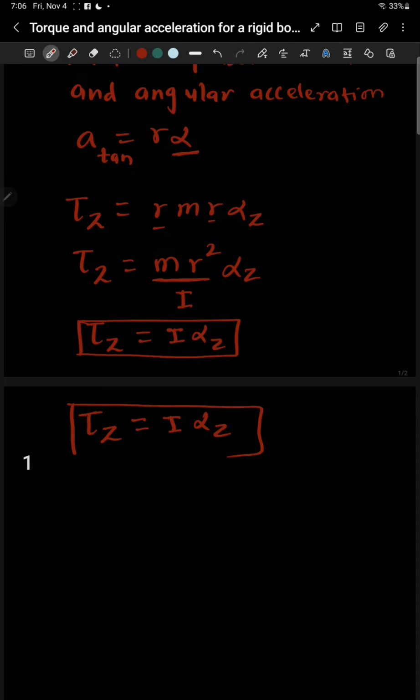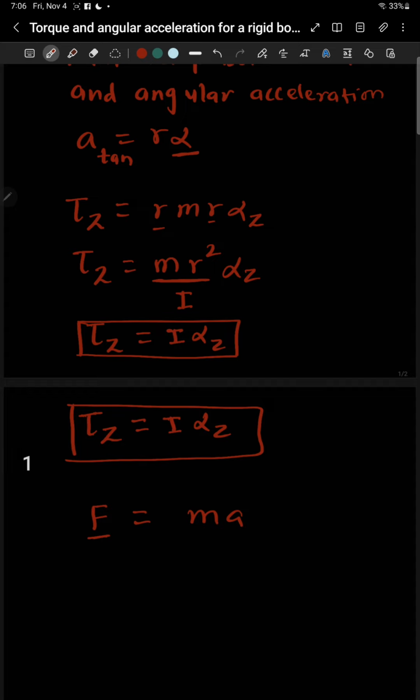This is actually the rotational analog of Newton's second law of motion for rigid bodies. Let me rewrite Newton's second law of motion. According to Newton's second law, F equal to ma. What is F here? F is the force applied on an object or system of bodies. The m is the mass and a is acceleration, which is linear acceleration.